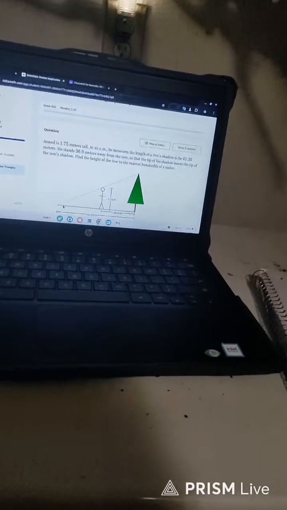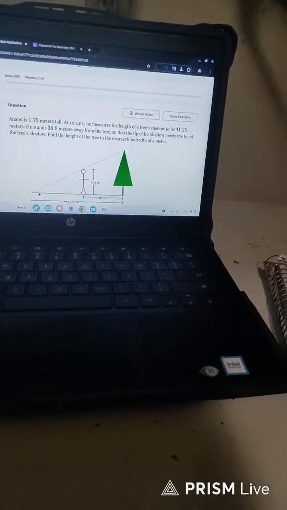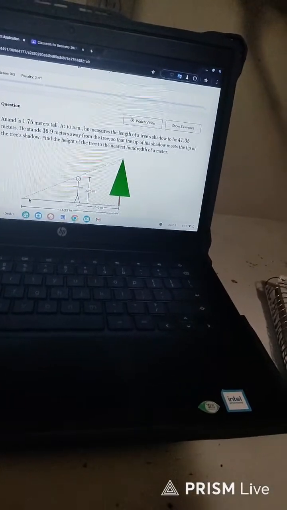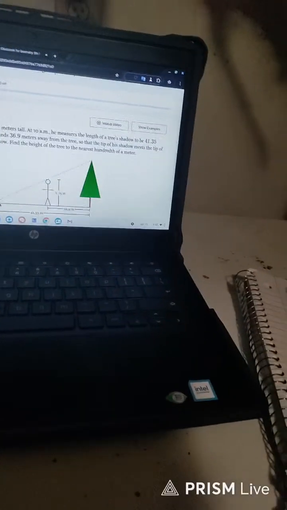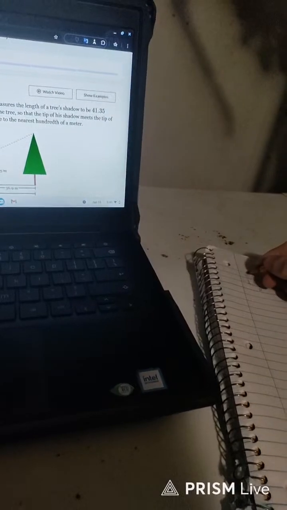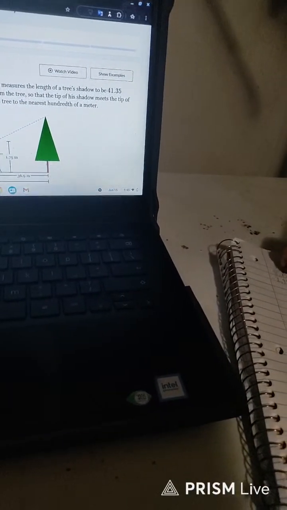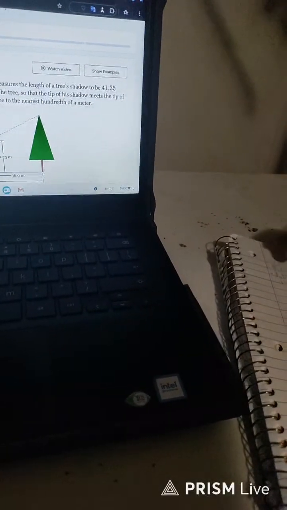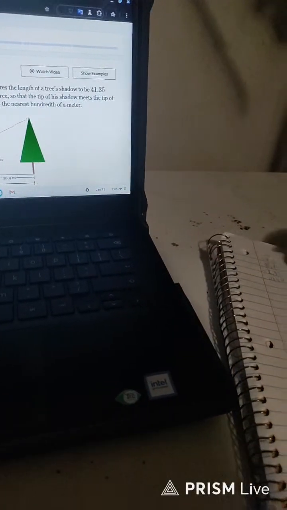So it's not gonna be 36.9, it's gonna be 41.35. 41.35 minus 36.95.